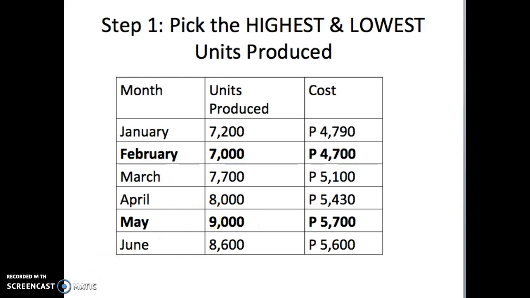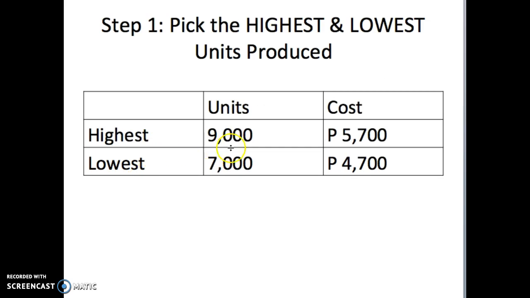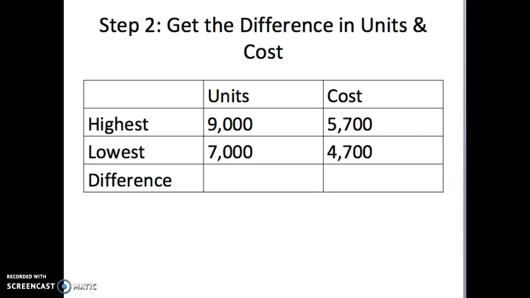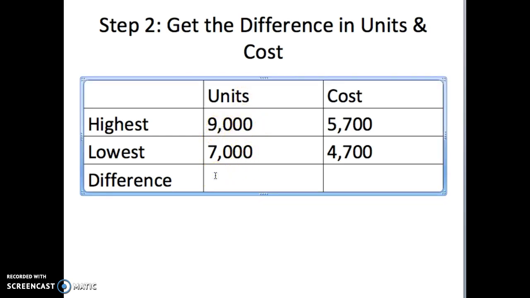Now, after isolating the highest and lowest, we get the difference. For the number of units, the difference would be 2,000. And for the cost, 5,700 minus 4,700 gives us 1,000.